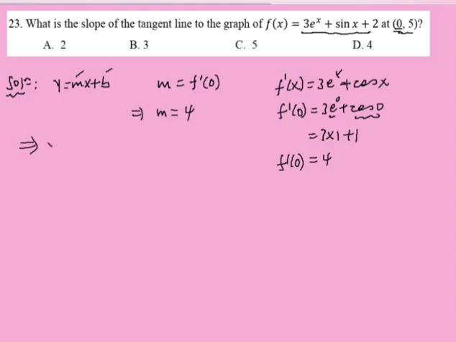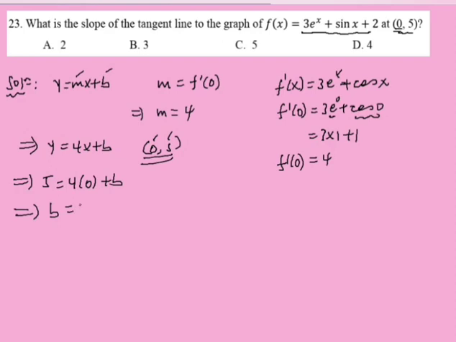So here our y is equal to 4x plus b. Now to determine the value of b, use this point. Use y equals 5, x equals 0. So 5 is equal to 4 times 0 plus b. So the value of b is 5.